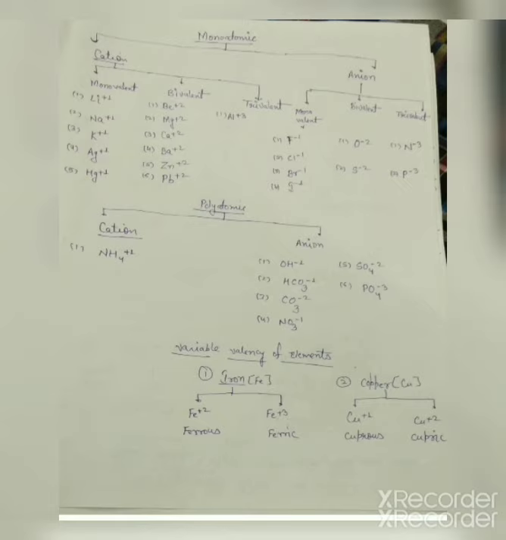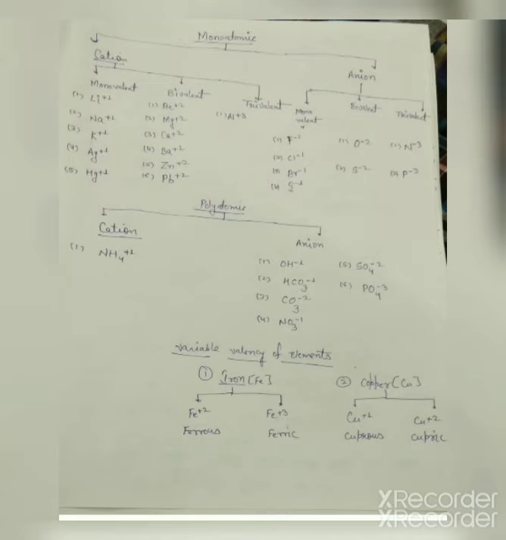Bivalent elements are beryllium, magnesium, calcium, Ba for barium, Zn for zinc, and Pb, which is a Latin symbol, the Latin name is plumbum. Those are bivalent, whose valency is 2. The trivalent element is aluminium, plus 3.